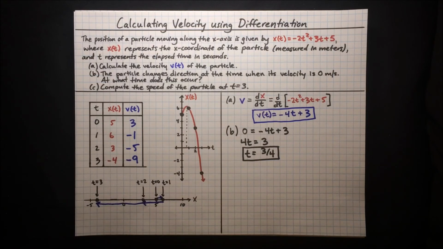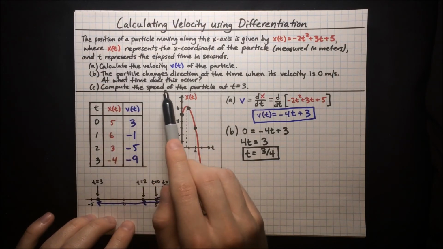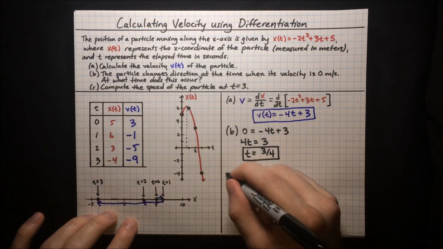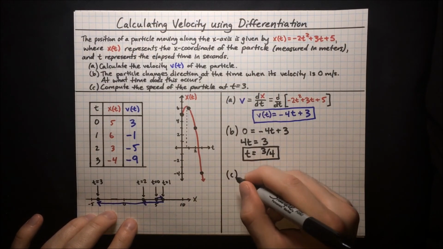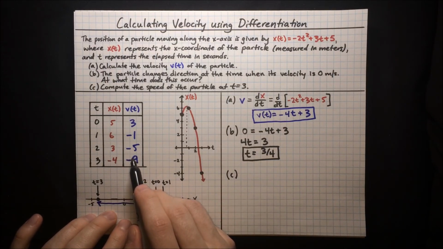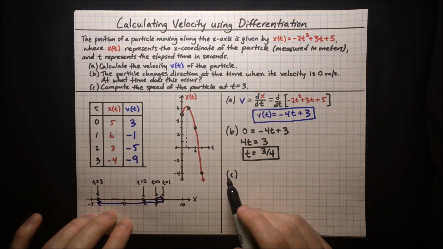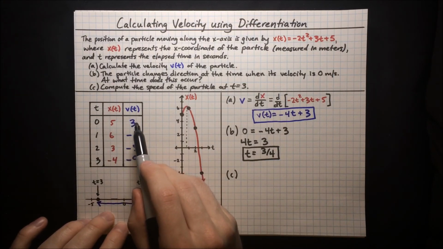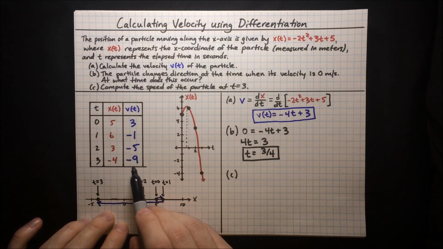The last part of this problem is to compute the speed of the particle at t equals 3. Well, what is speed? Speed is just how fast the particle is going, but doesn't velocity tell us that? The way to think about it is that velocity is really a vector. It gives us not only how fast the particle is going, but it also tells us what direction the particle is going.